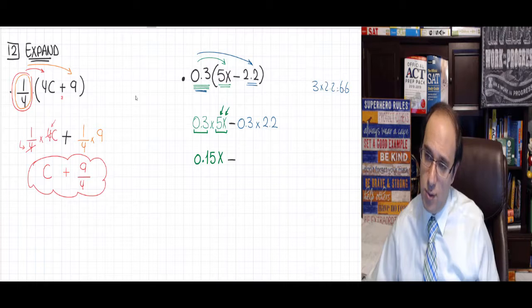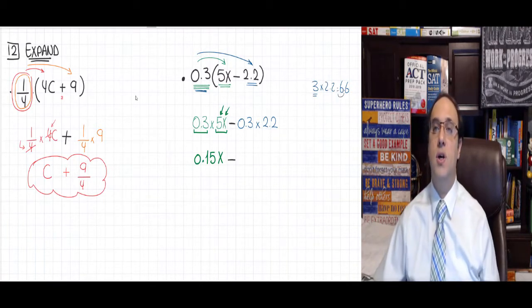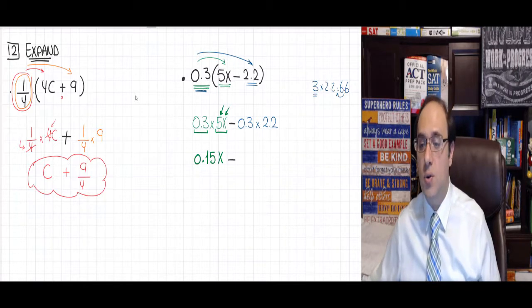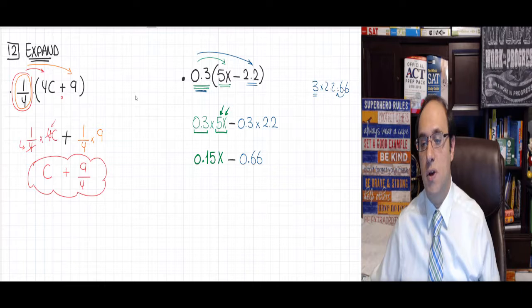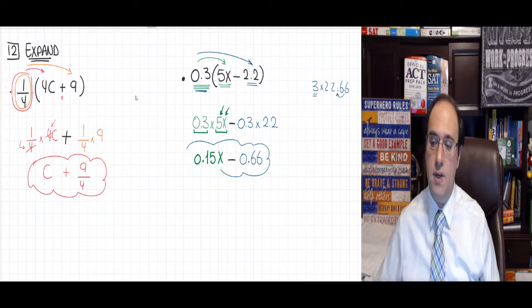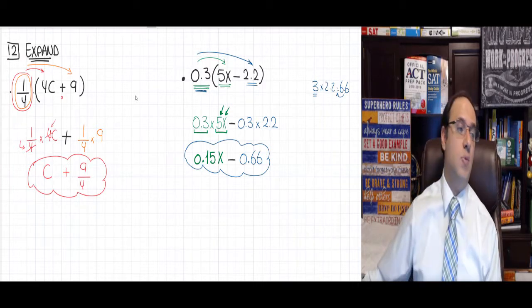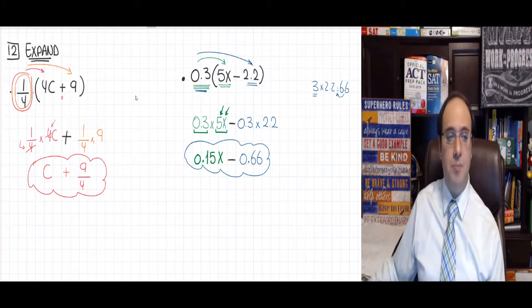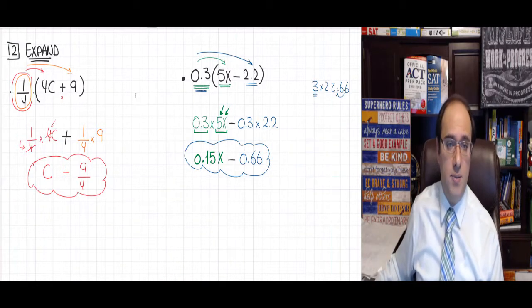But since it's not 3, it is 0.3, that means we need to move a decimal point one place to the left. So the answer is 0.66. So here's my final answer: 1.5x minus 0.66. Easy? Easy. Excellent job. Now, let's take another example for expanding.